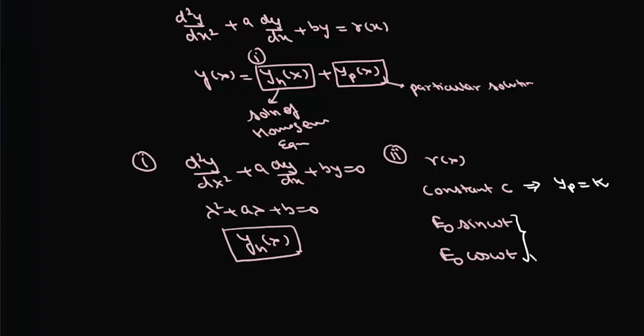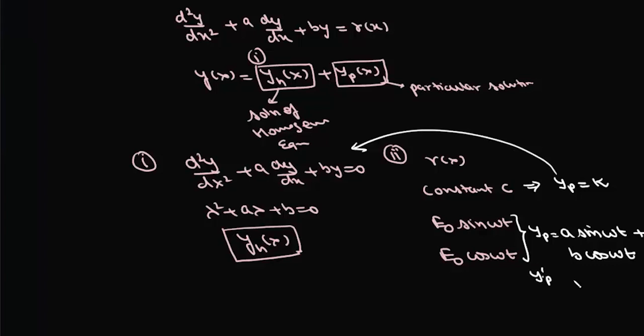If Rx is constant, then shortcut is we'll take this yp as some constant k, and if Rx is either of E naught sin omega t or E naught cos omega t, we'll take this yp as a sin omega t plus b cos omega t. Now yp is a solution to this differential equation. So what we'll do is we'll find y dash p, we'll find y double dash p, and we'll put it in this equation.